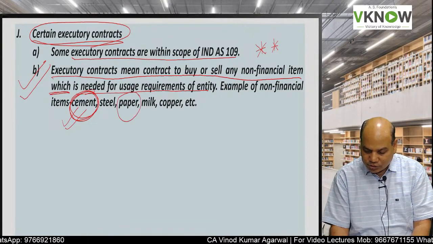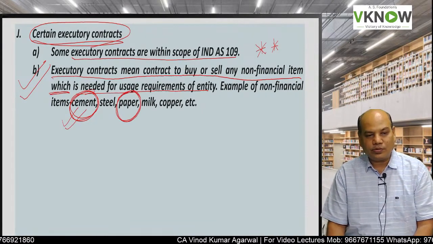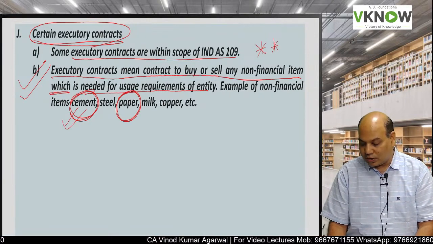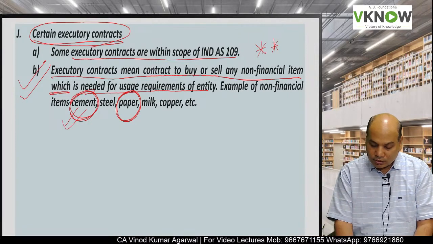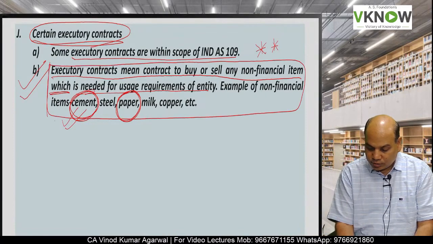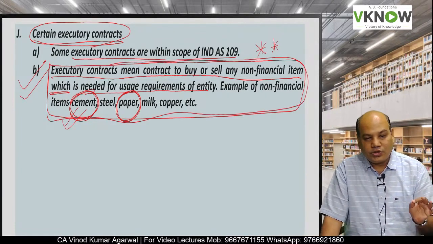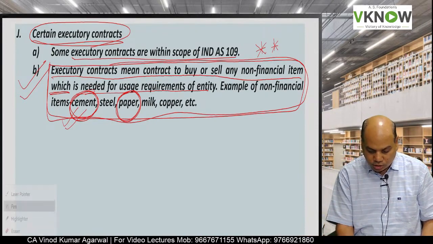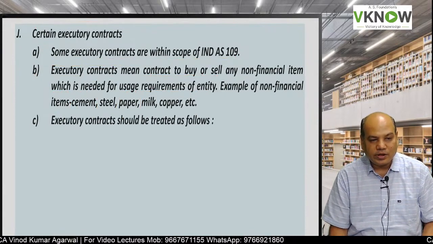Company which are suppose printing books, they may enter into a future or forward contract to purchase paper. So these are executory contracts. A contract entered today which will be executed in future, whether this will be covered within the scope of this standard or not. Please reply whether this will be covered by the standard or not.